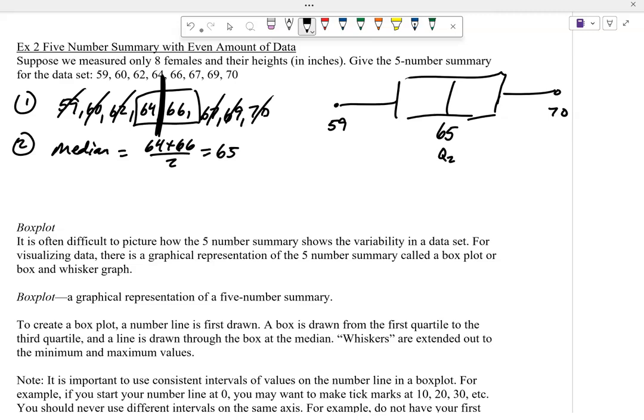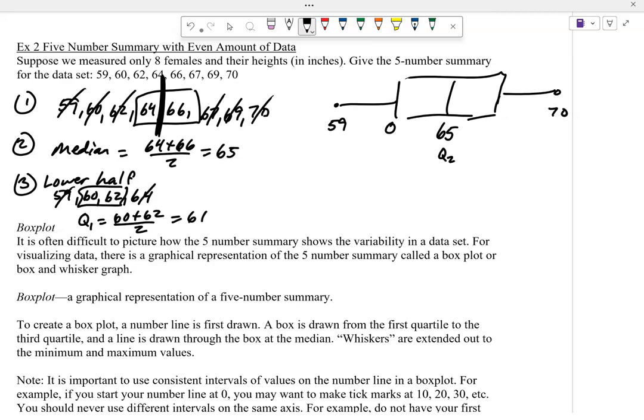That's my quartile 2. So the lower half is 59, 60, 62, and 64. So I find the median of the lower half. Cross out bottom, top. Looks like there's 2 in the middle. So quartile 1 is 60 plus 62 divided by 2, which is 61. 61 is quartile 1.